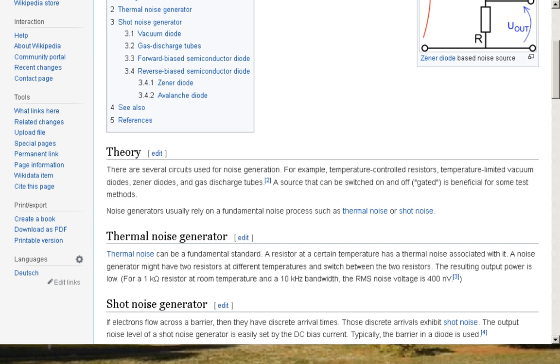Transistor amplifier, scope, turn that on, generator, turn that on.